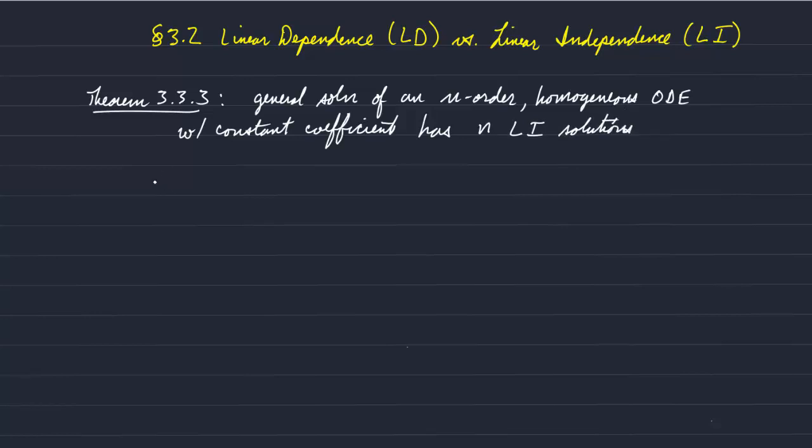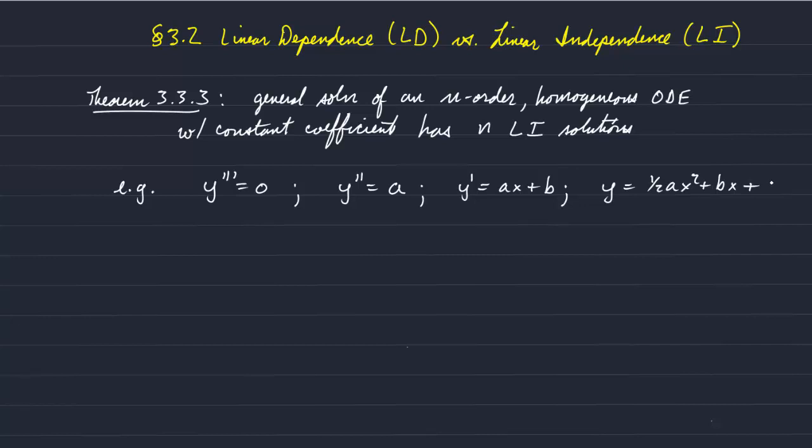So, for example, if we had the simple case of y triple prime is equal to 0, then just by integration, y double prime is equal to some constant a, y prime is equal to ax plus b, and therefore y is equal to 1/2 ax squared plus bx plus c.